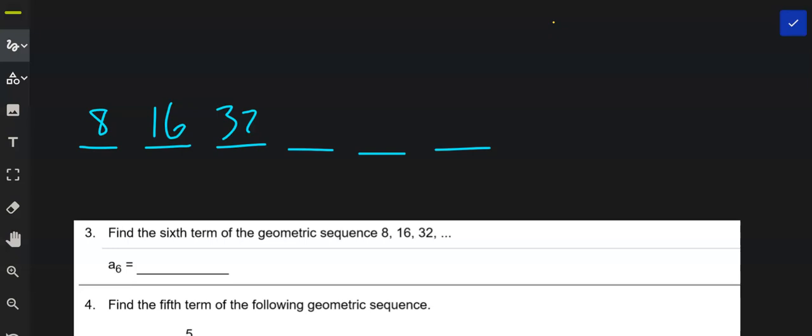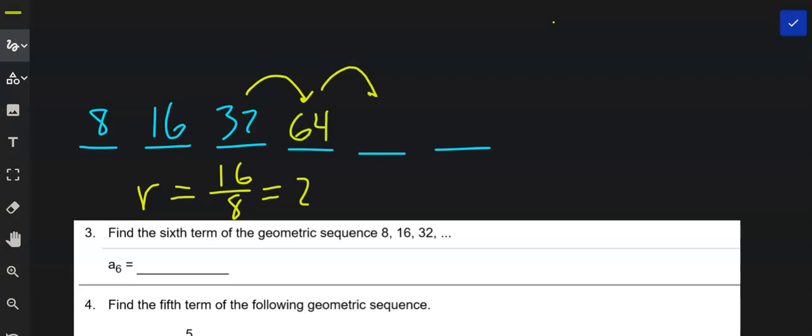I have a feeling you probably know what the multiplier is. What is it? 2, right? Any term divided by the previous term. We got 2. So you're just going to keep multiplying, right? What would you get for the next one? 128, and the one after that?